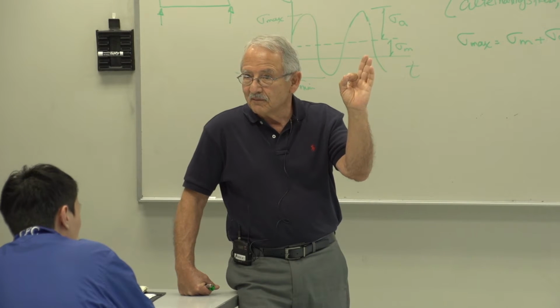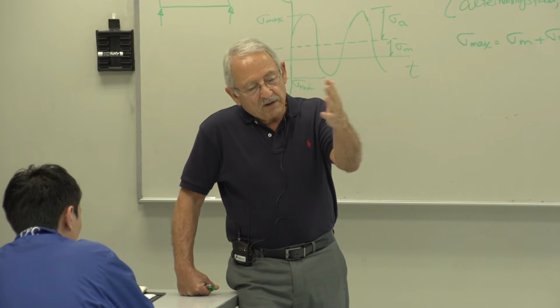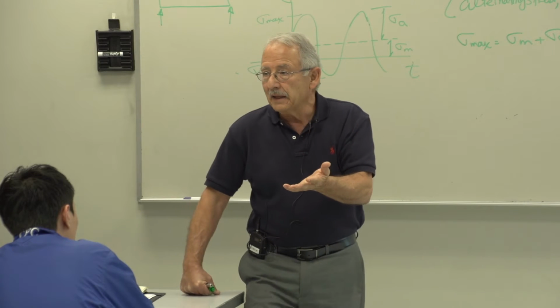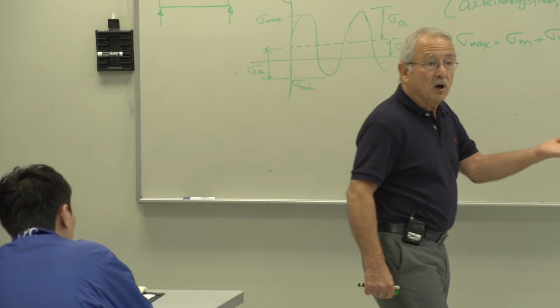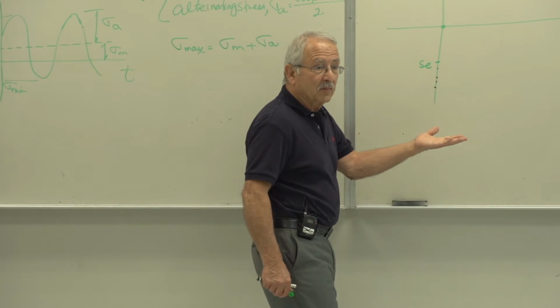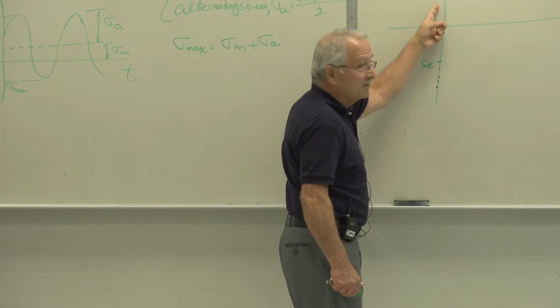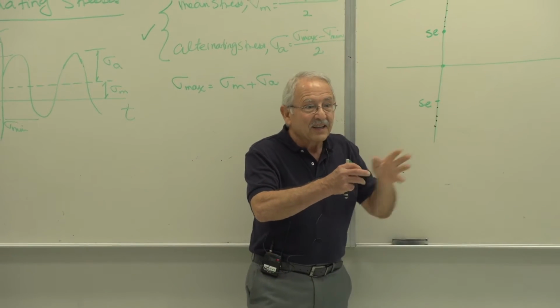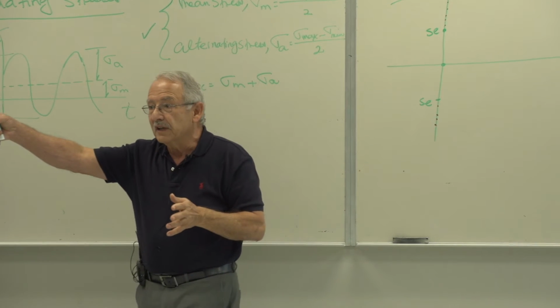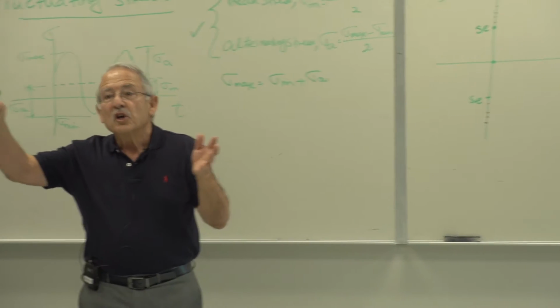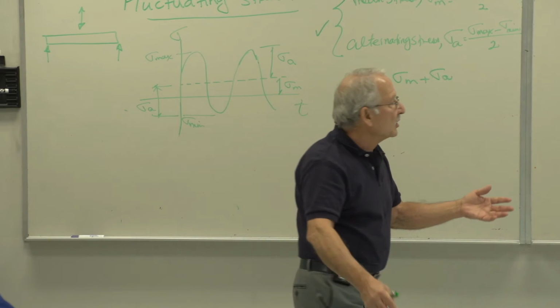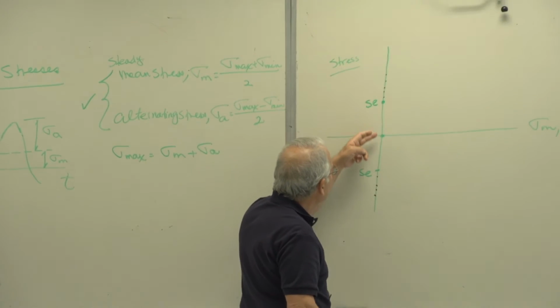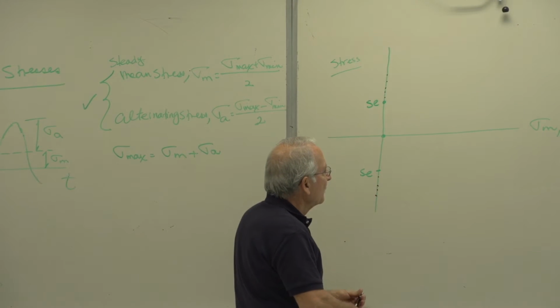Correct? Now, if the mean stress is less than that, you can still put some alternating stress on top of that, but it can't be this much. So it's SE here, and it goes down to 0 in the example that I gave you. In the middle, your alternating stress will be somewhat smaller than this.